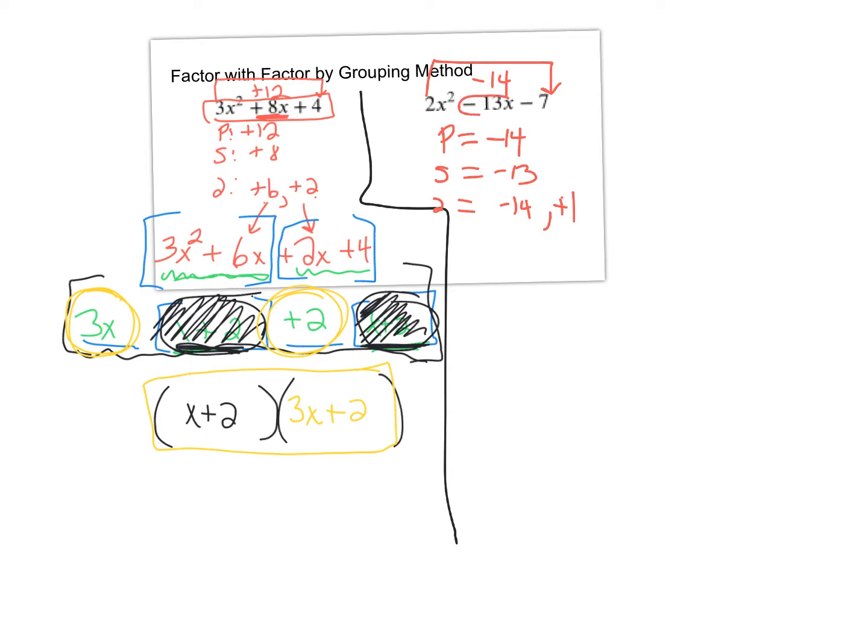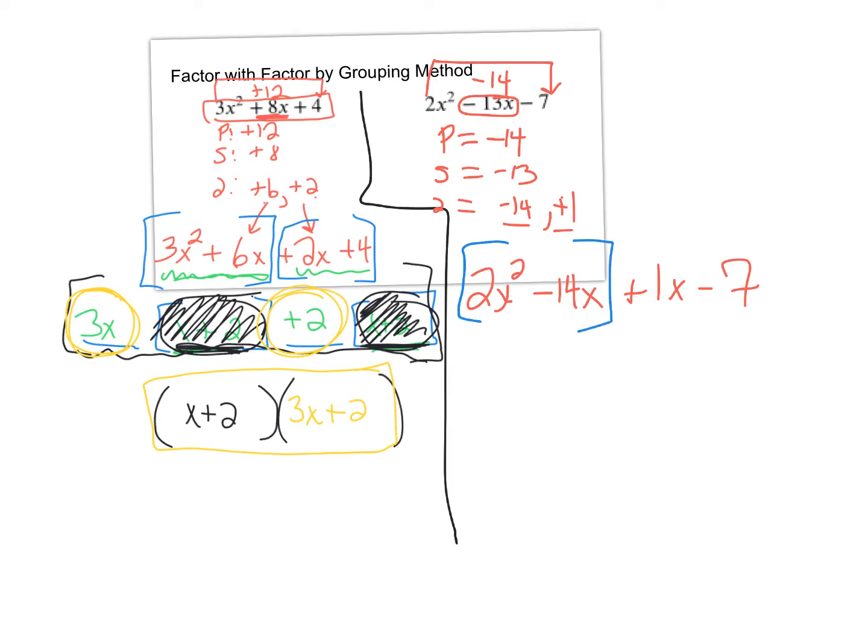Okay, so let's reset our equation. We're going to split the negative 13x with these two pieces. So you're going to have 2x squared minus 14x plus 1x minus 7. All right, now let's group this thing up.